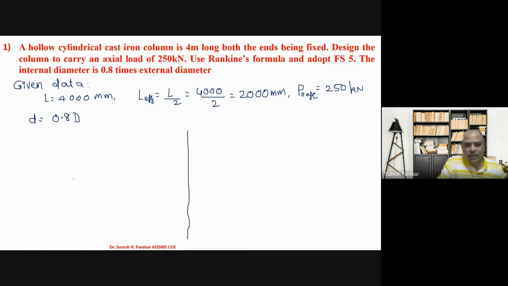So now we will start. We have to use Euler's formula, not Rankine's formula, because end conditions are given and Rankine's constant is also not given.